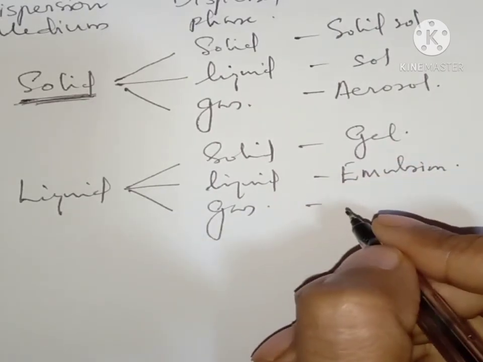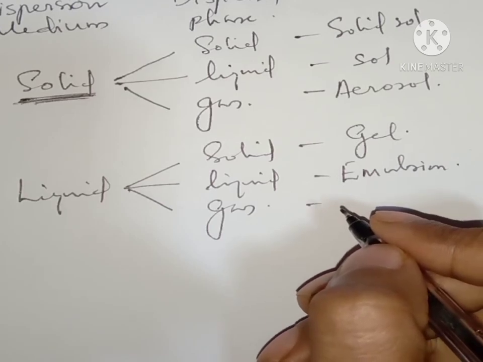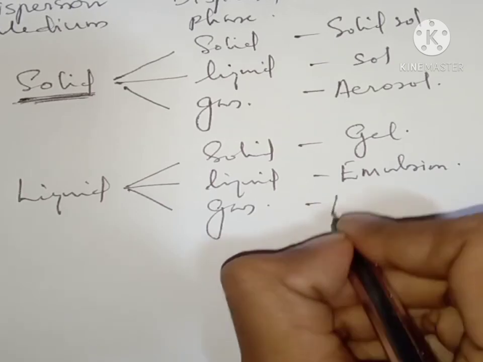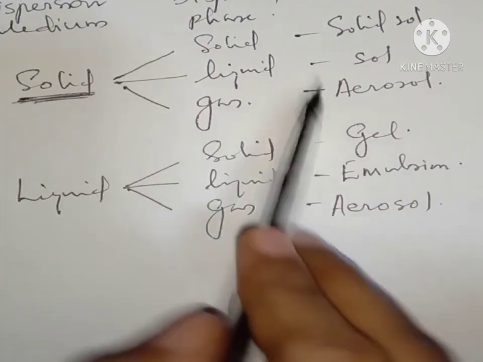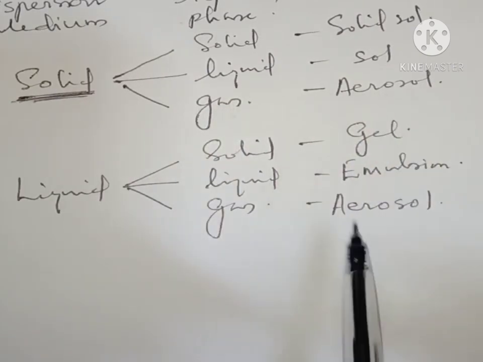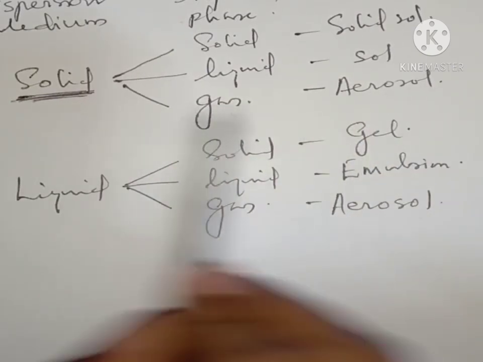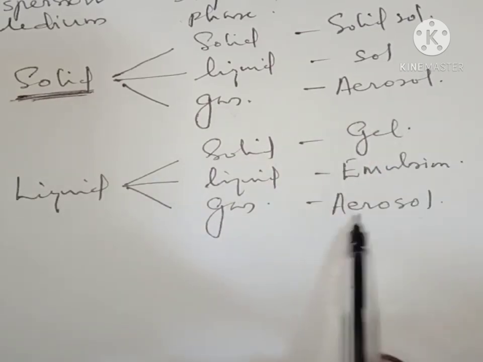And third one, if dispersed phase is gas, then it is foam. Actually, if dispersed phase is gas, then it is commonly known as foam, whether it is in solid medium or in liquid medium.